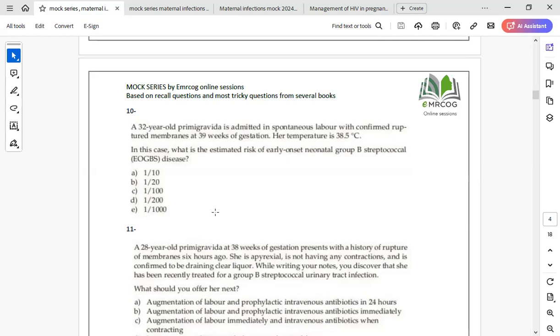So remember, this is one of the most appearing recalls. One in 200, which is 0.5. Yes, excellent. Previous question.